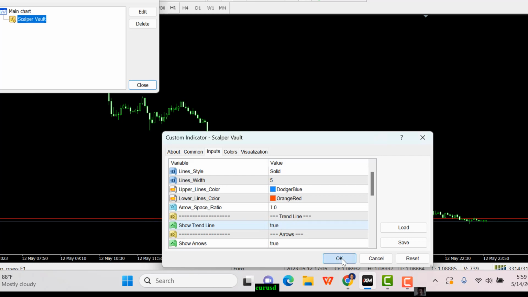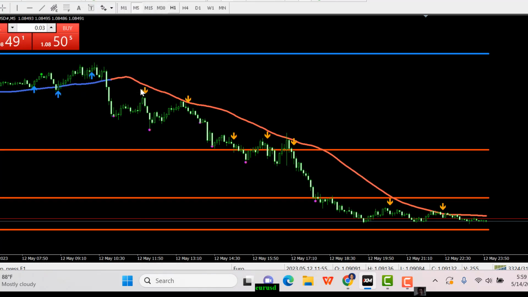Meaning, if you set it to true the trend line will be shown, and you can use this as an area of value so that you will be trading not against the trend but with the trend. That is very important in trading, that you trade with the trend.